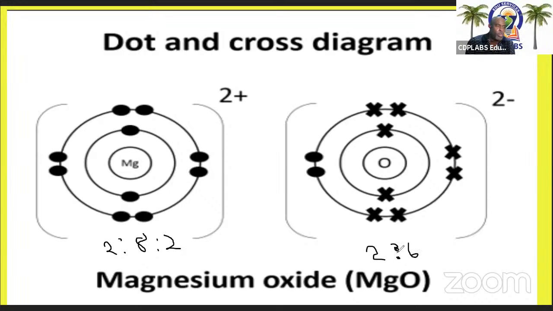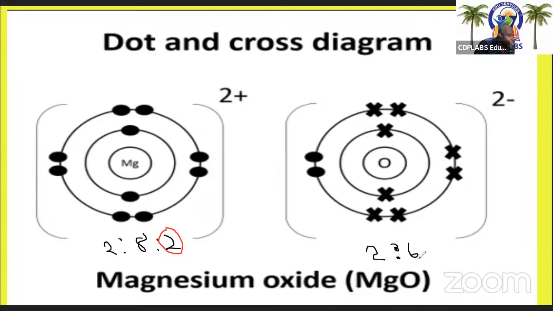Good. Now look at this. If this loses 2, it's going to have 8 on the last shell.